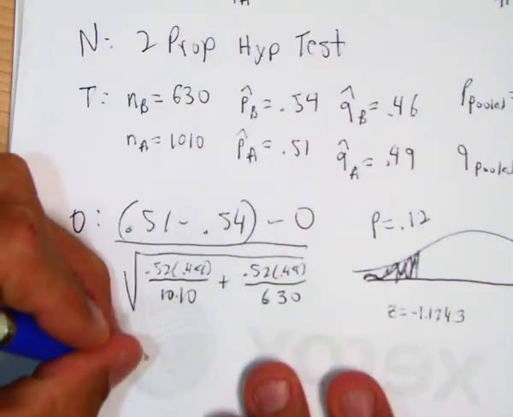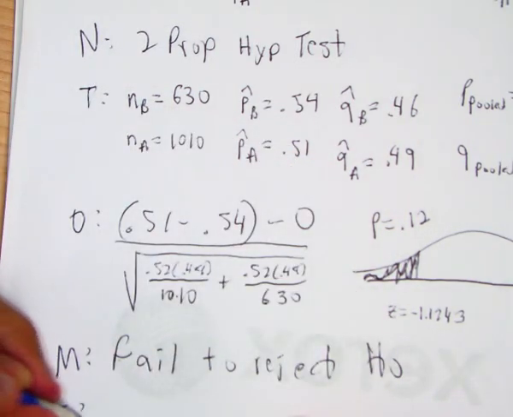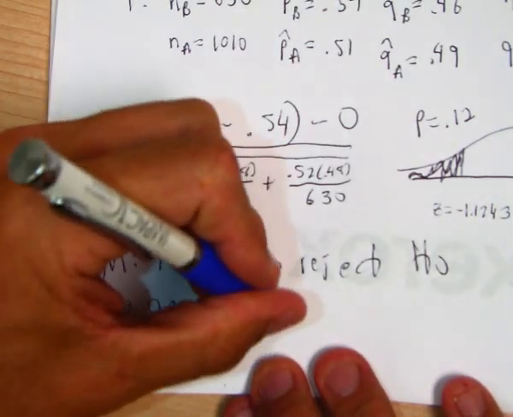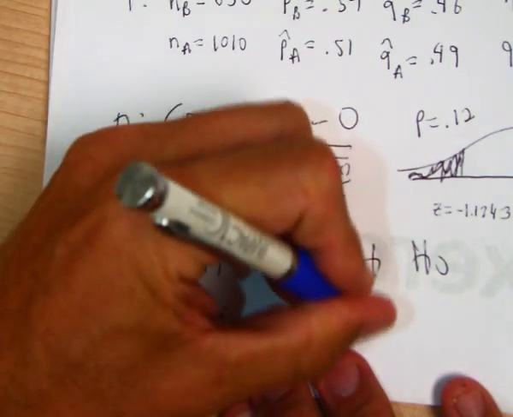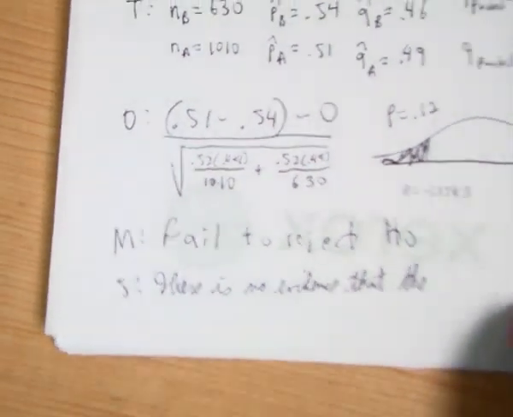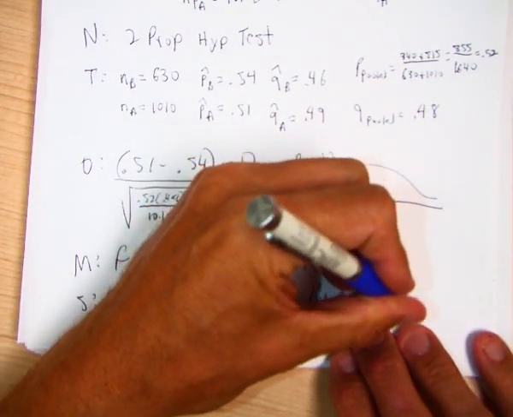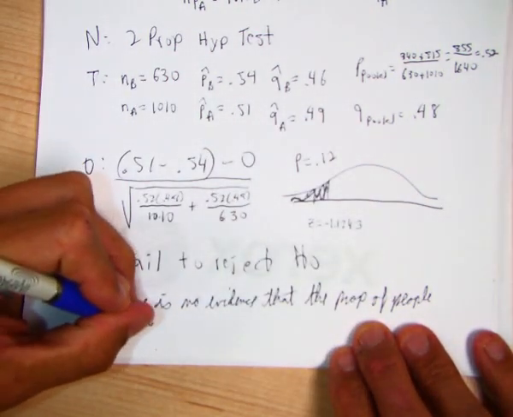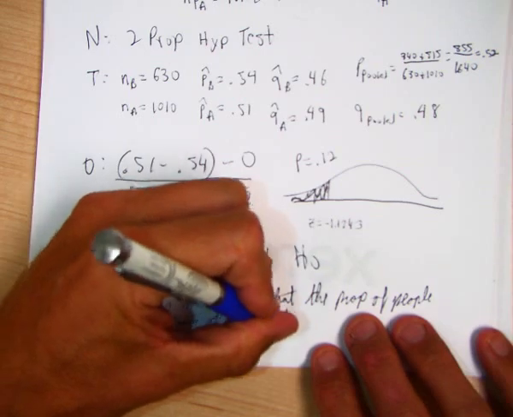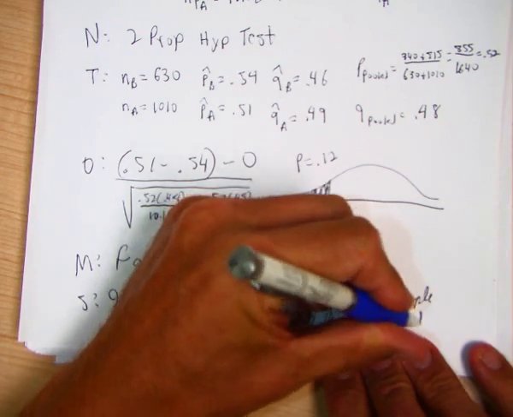We fail to reject H sub 0, and the conclusion is there is no evidence that the proportion of people that approve of the candidate has decreased after the affair.